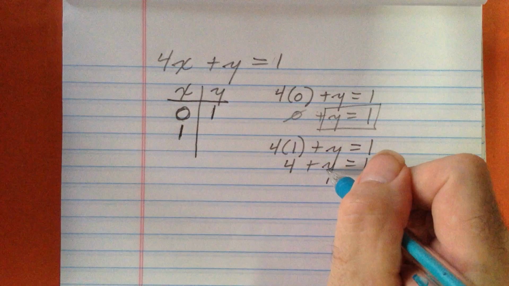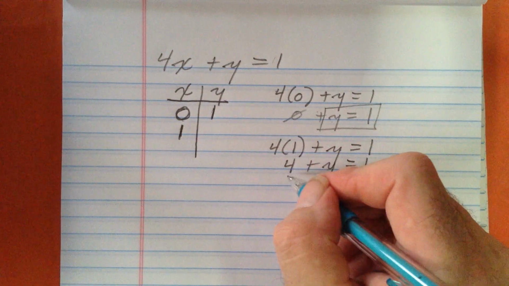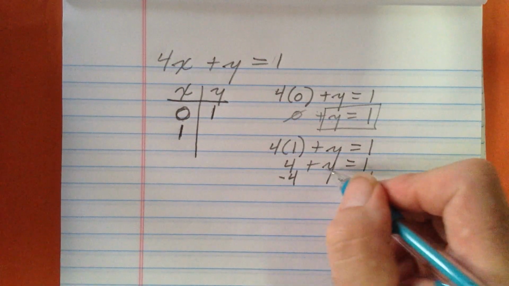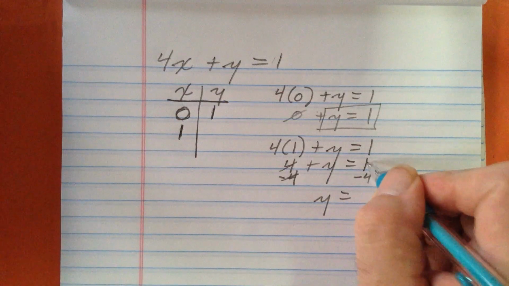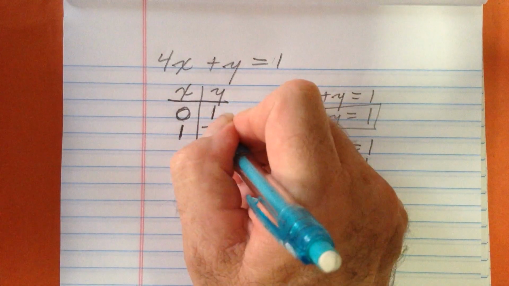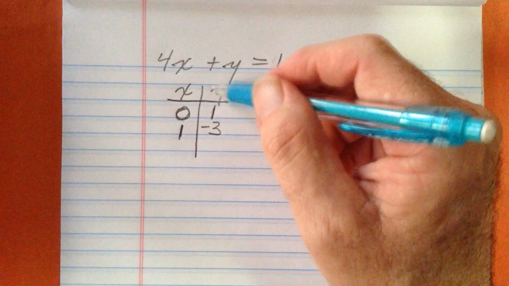So 4 plus something has to equal 1. So the opposite of positive 4 is -4. So that cancels. I end up with y equals 1 minus 4 is -3. Okay, so y would be -3. So I got 2 points. That was an easier one.